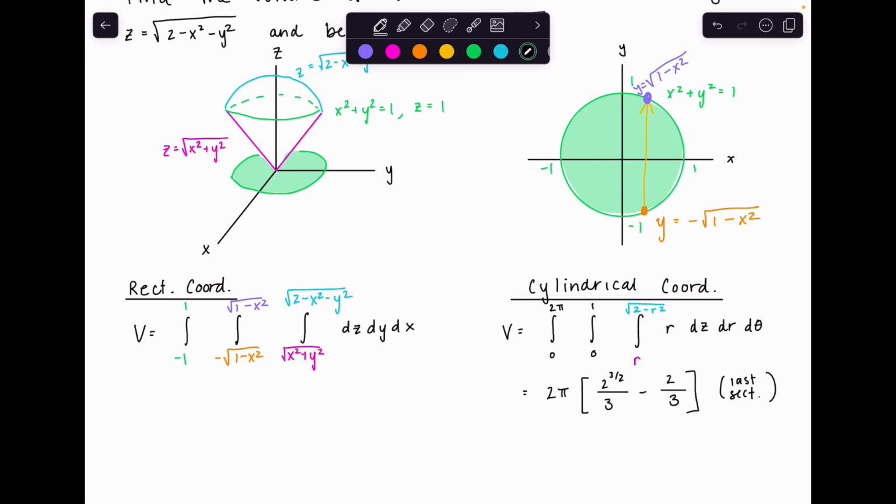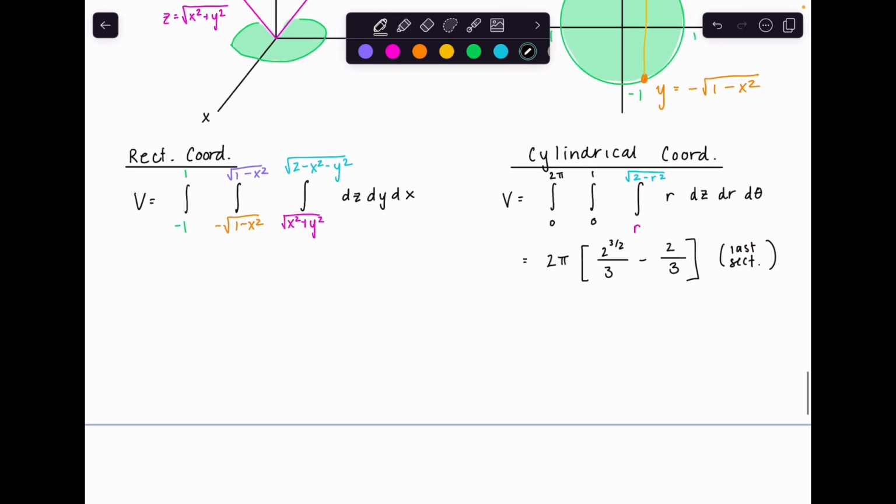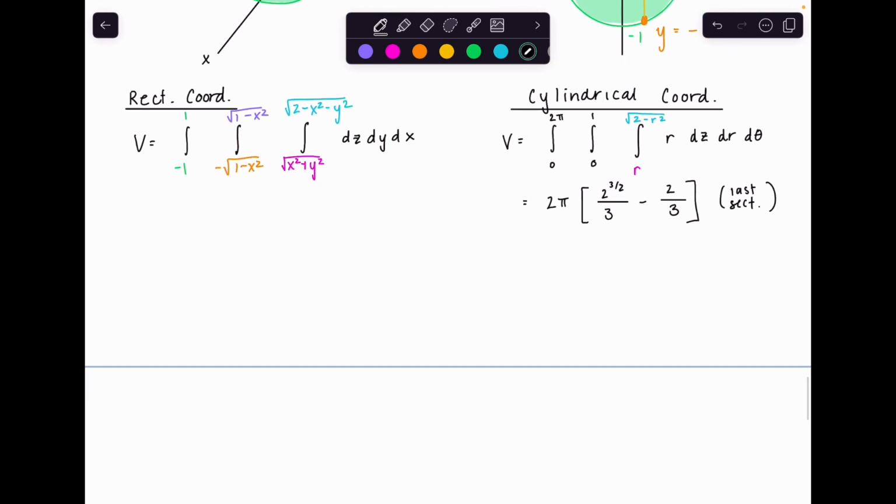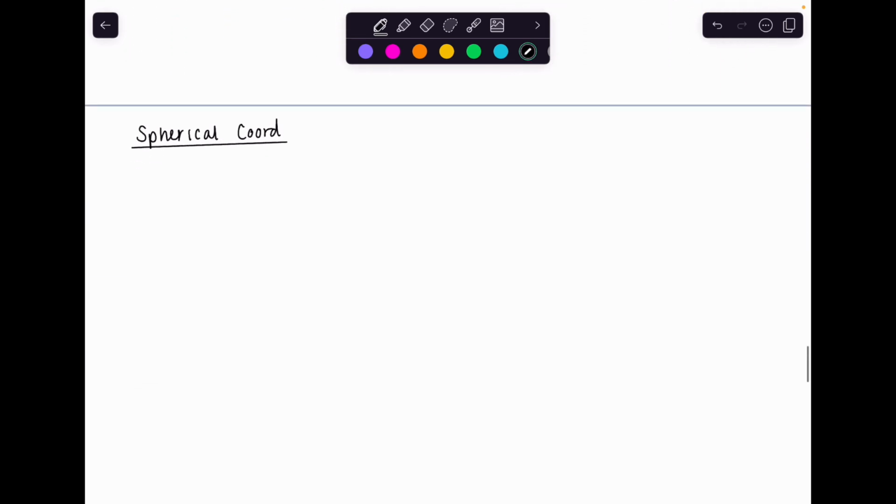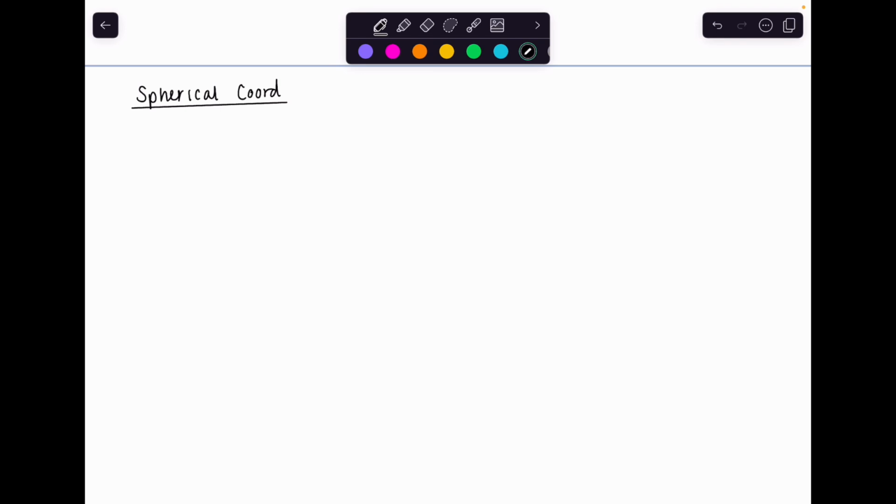What I want to do now is I want to set this up in spherical coordinates. We'll do that down here so this line isn't in the way. We'll set it up and we'll actually go through the integration to see that it is exactly the same thing. So I want to draw a couple different pictures.